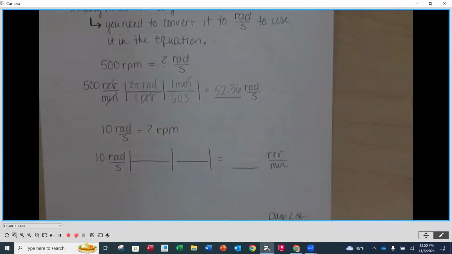How many have done the ratio method before for unit conversions? Excellent. Good, good, good.